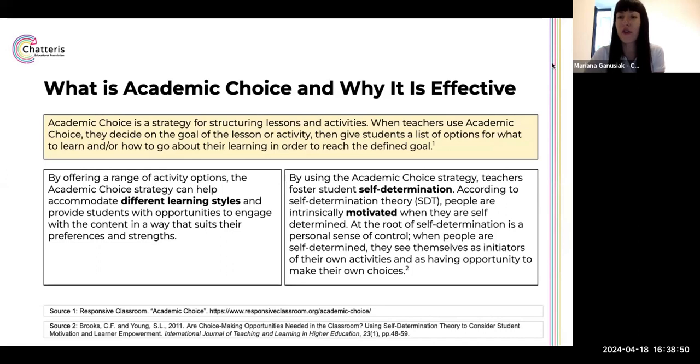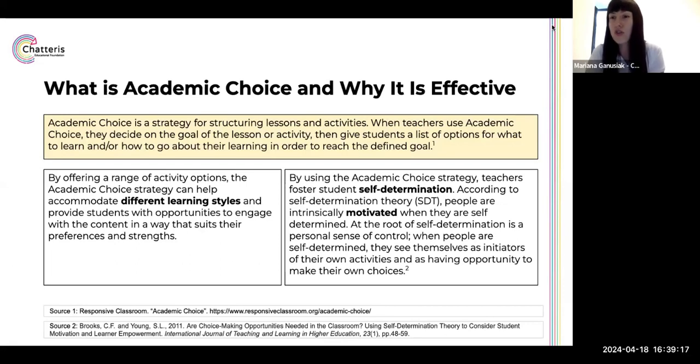Another important benefit of this strategy is that it helps to foster student self-determination. Research shows that people in general who have a personal sense of control over what they're doing, and in the case of classroom teaching, when students have a personal sense of control over what they're doing in the classroom, that helps increase their self-motivation.